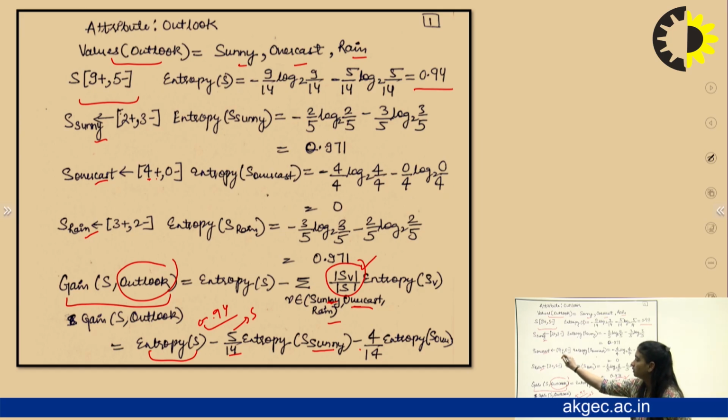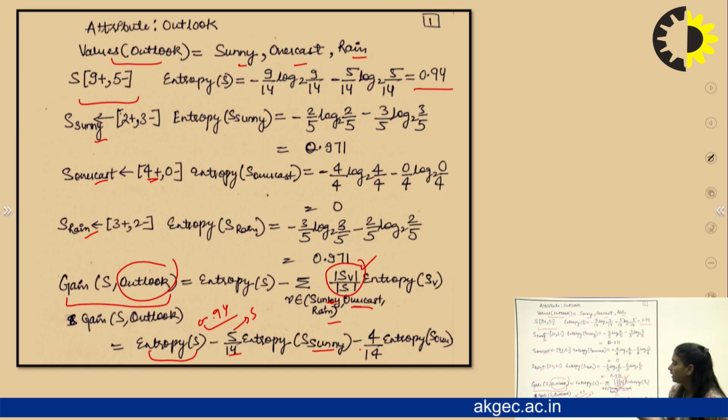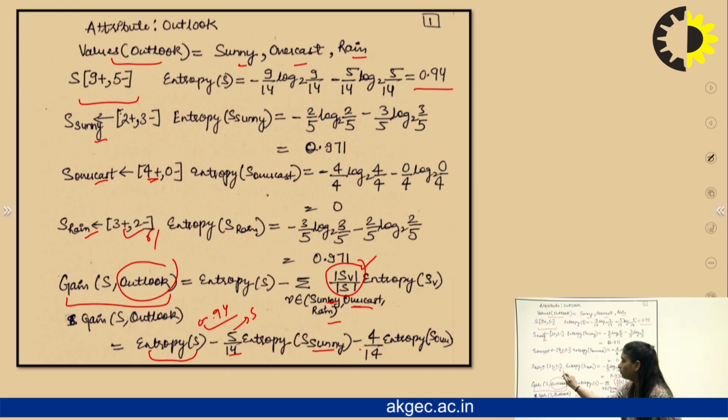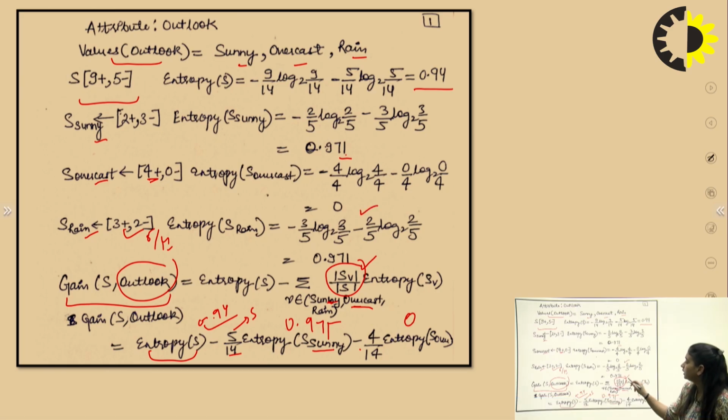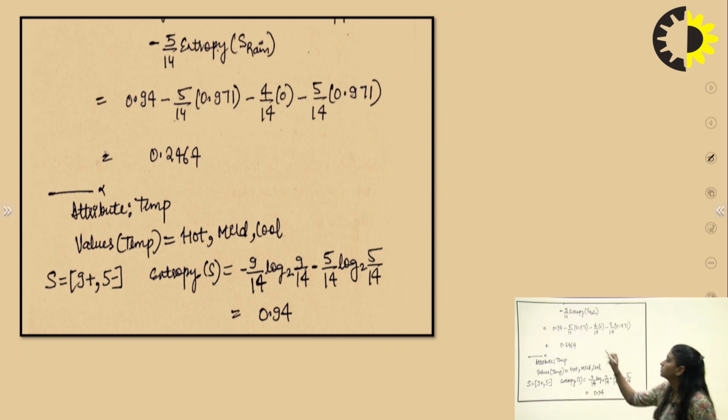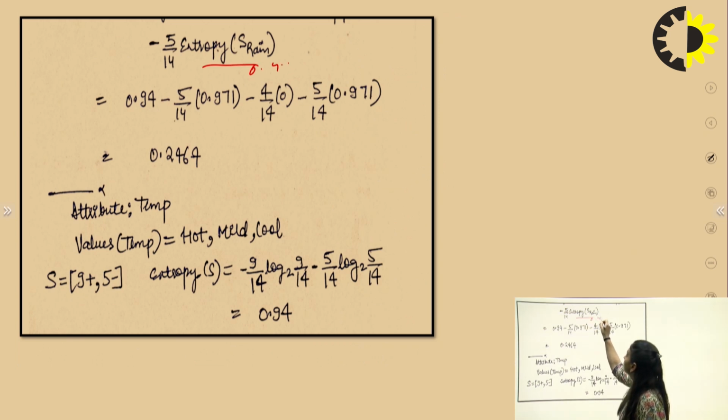Overcast is 4, so 4/14, and again we have 5/14 for rain, multiplied by their entropies. Sunny's entropy is 0.971, overcast's is 0, and rain's is 0.971. After calculation, your value will be 0.2464.